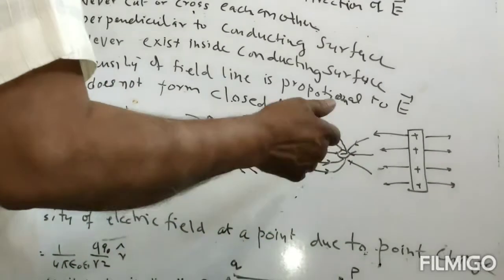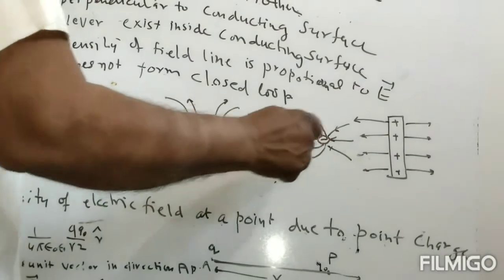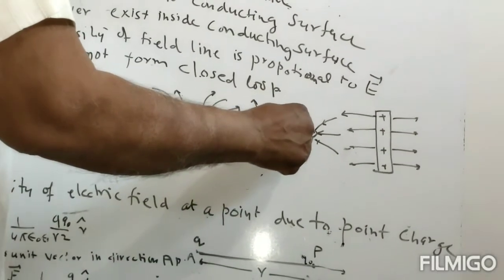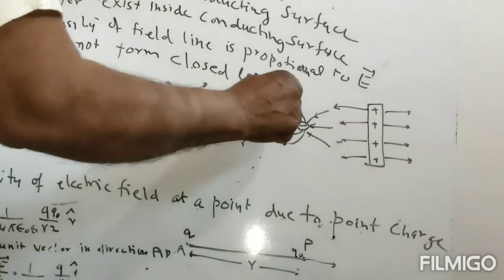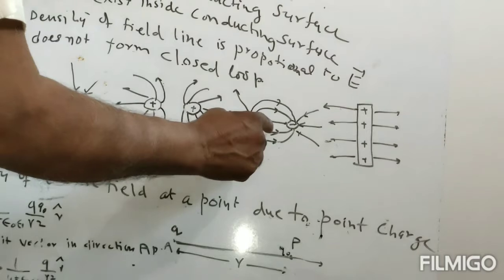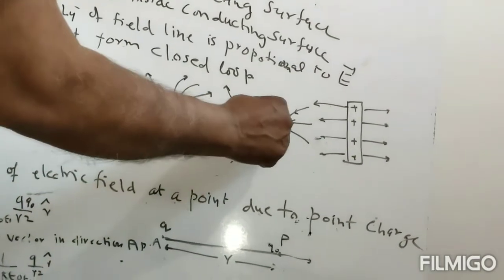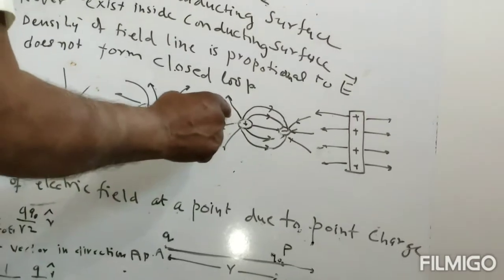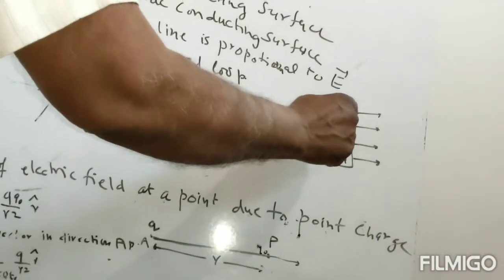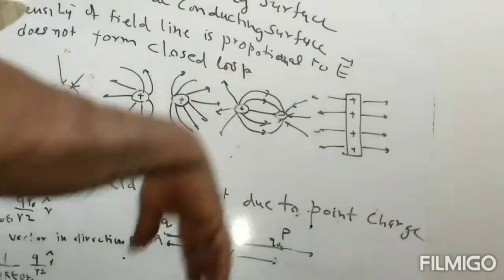If we take one positive charge and another negative charge, then in between these two charges, the electrical field starts from the positive and goes to the negative in all directions. One line, second, third, fourth line, all will start from the positive charge and end at the negative charge. Whereas if the plate is positively charged, then the electrical field lines will be perpendicular to it, towards the right as well as towards the left.